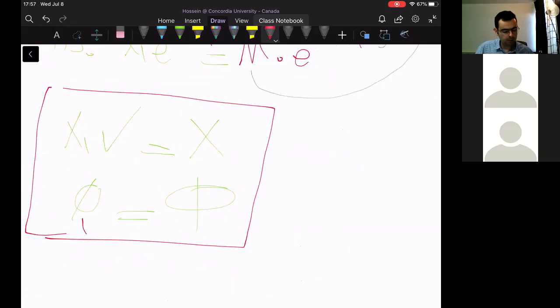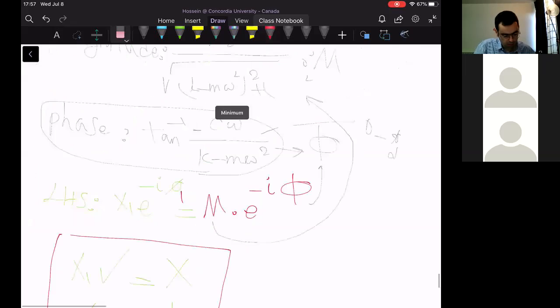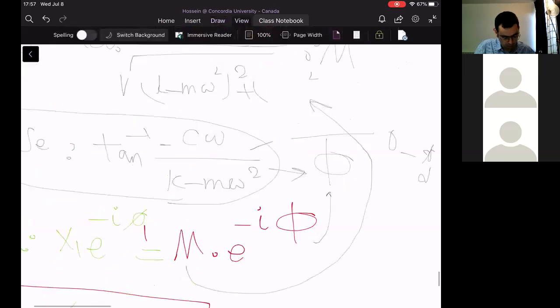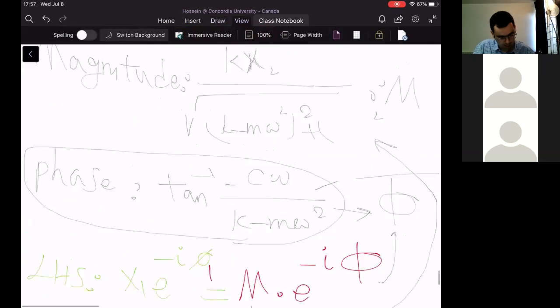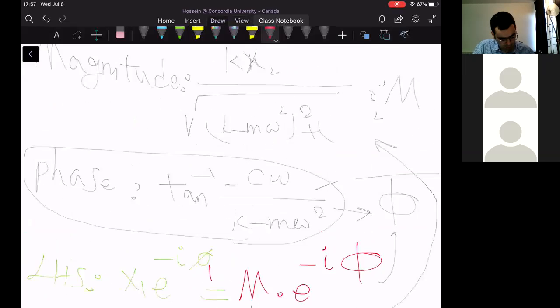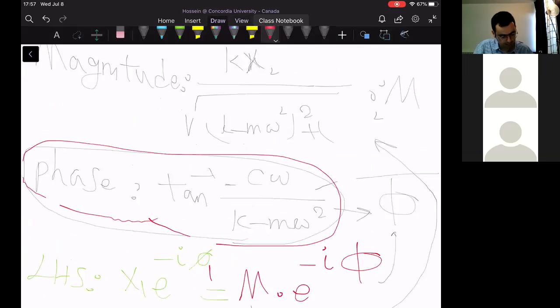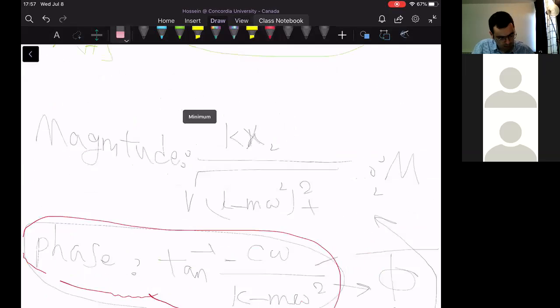And this is how we obtain the magnitude and phase. Phi is here, which is equal to phi 1, and this is the magnitude.